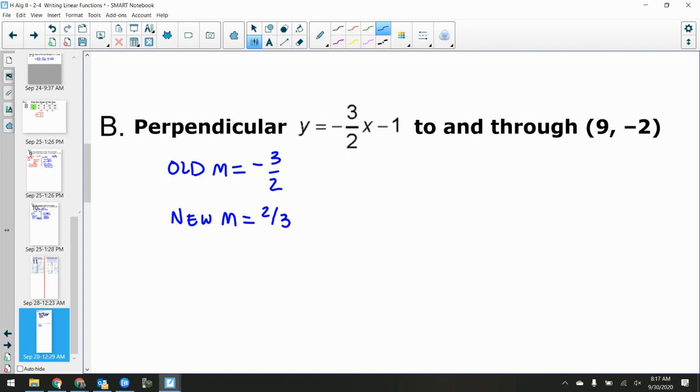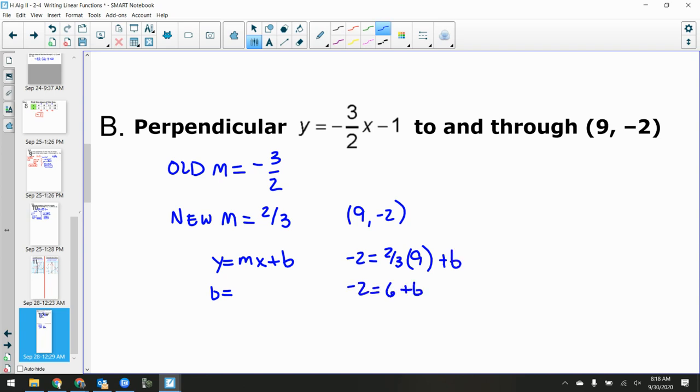And I know it's going to run through (9, -2). All right, so we say y equals mx plus b. Got to solve for my b value. Negative 2 is equal to 2/3 times 9, plus b. So 2/3 of 9 is 6. Subtract the 6, I get negative 8. y is equal to 2/3 x minus 8.